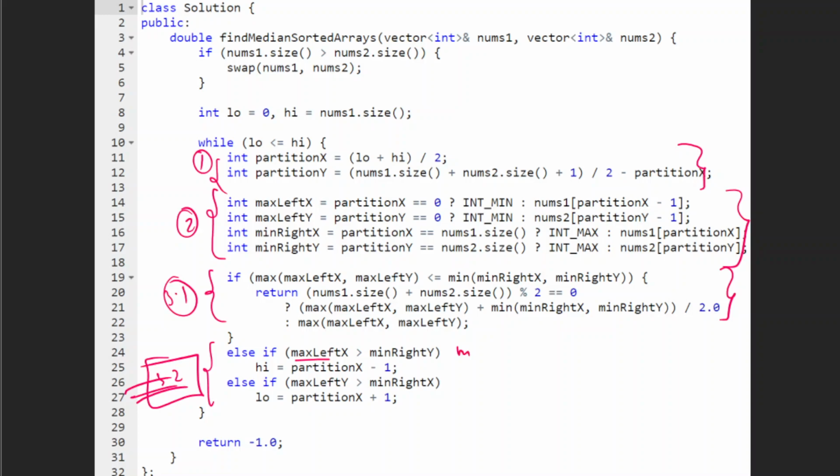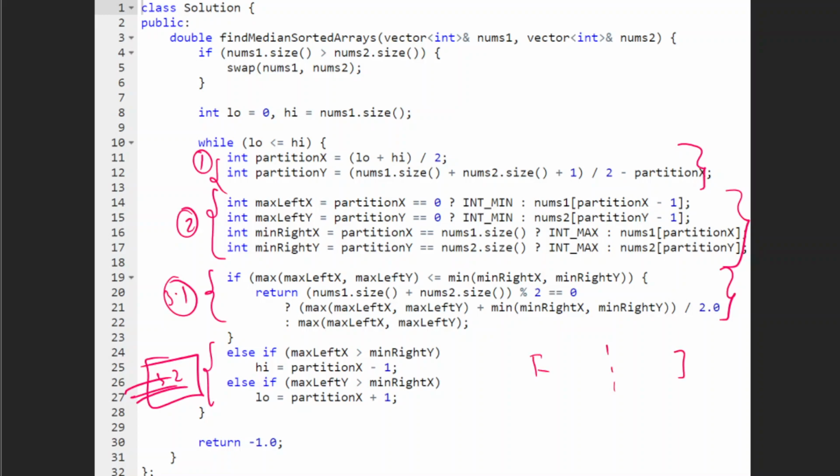This should not be the case because max left of x has to be smaller than or equal to min right of y. And if this condition is not satisfied, then we say that the x values which we are looking for are way larger than we want, right? We don't want these larger values. We have to move our high pointer to the partition of x minus 1.